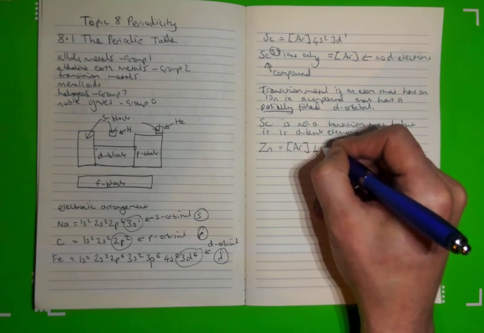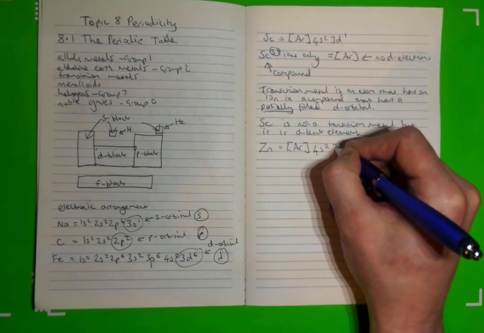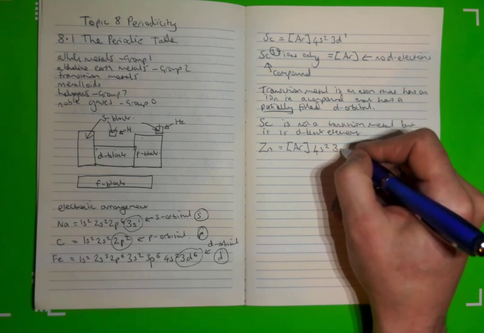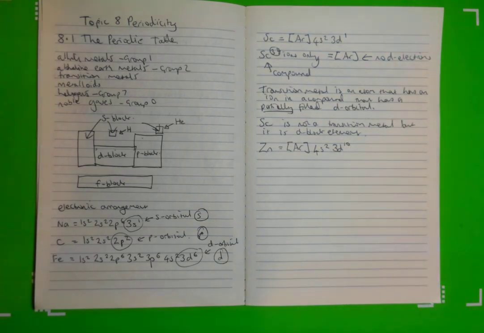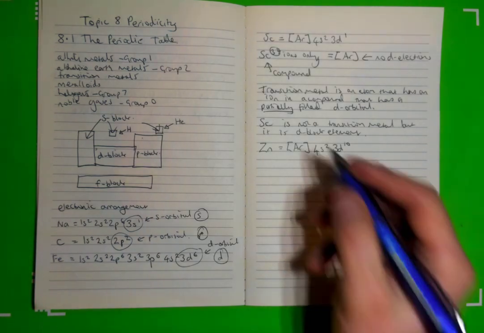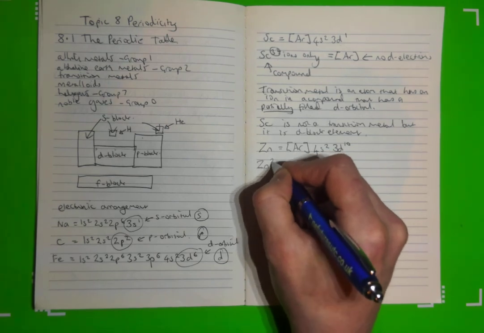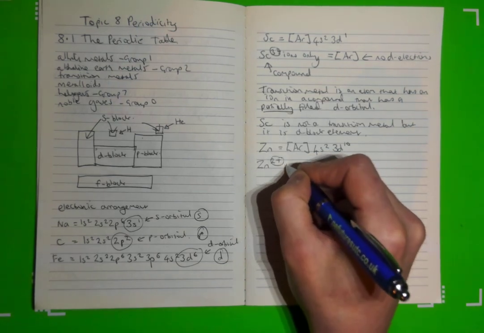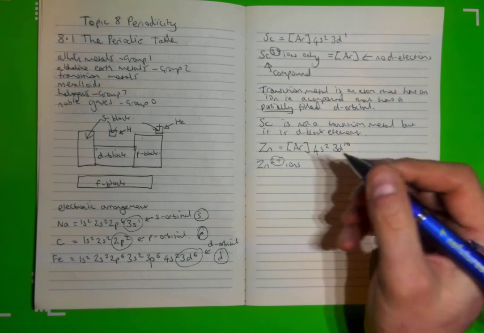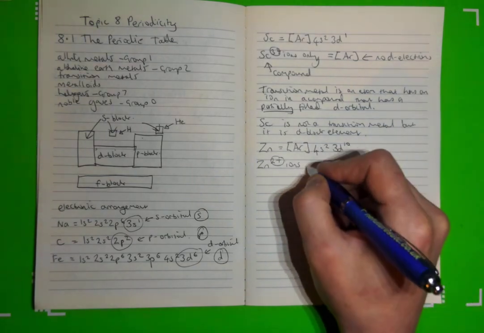So that's 4s2, 3d10. Now, zinc compounds can only form 2+ ions. So you can't get Zn1+ or Zn3+.